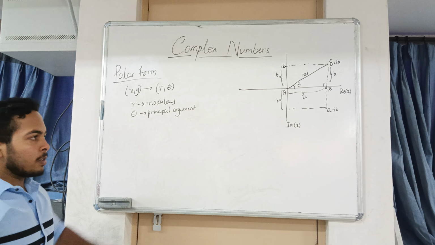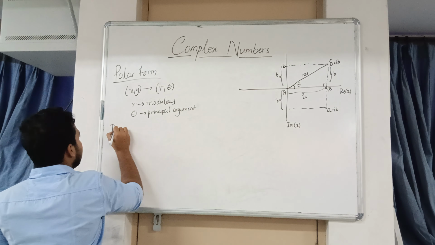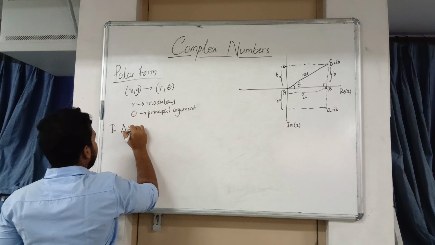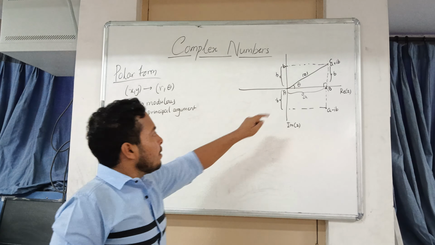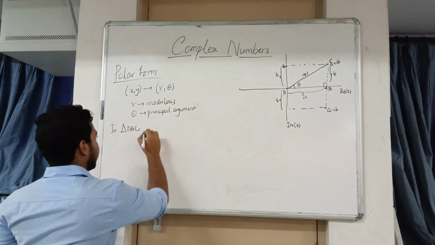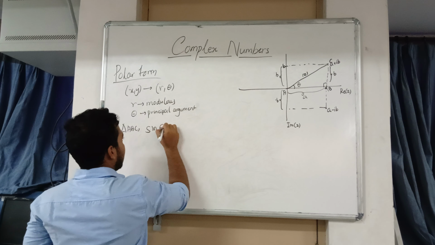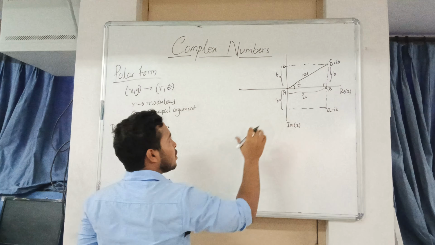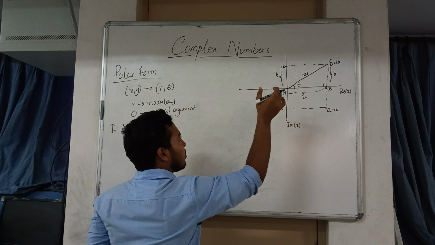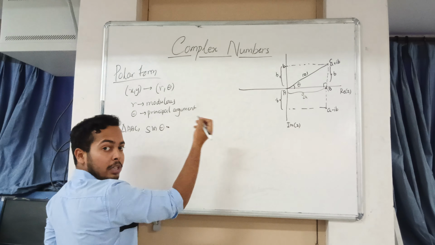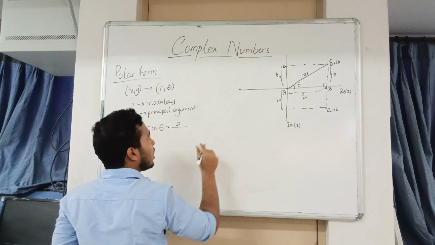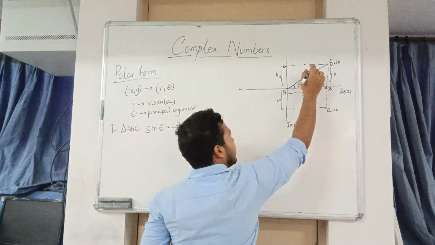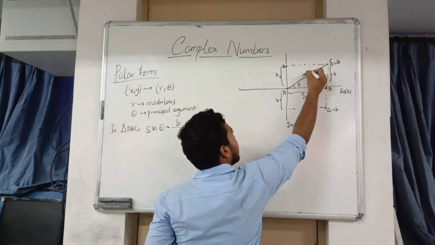Now, how do we do this? In the triangle ABC, observe, if I find sine theta, then sine theta would be equal to perpendicular by hypotenuse, and the perpendicular is b units divided by the hypotenuse, which is the modulus of z, that is r, right?